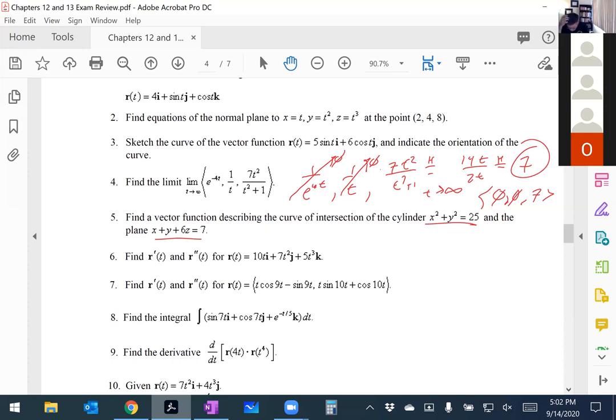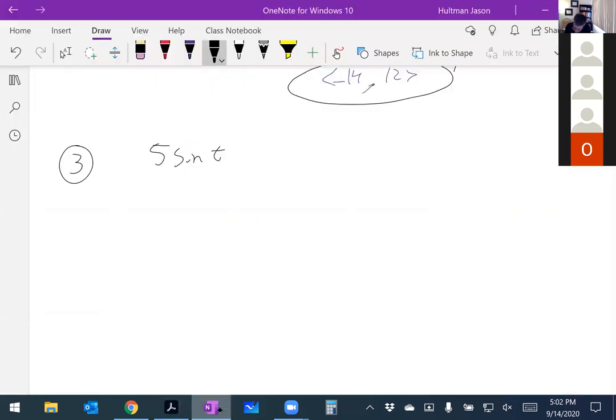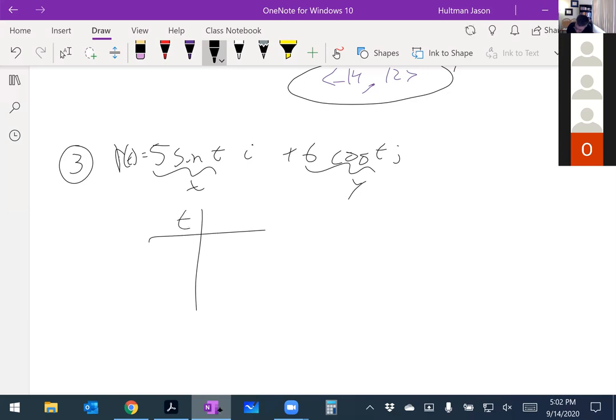So where's number 3? Yeah, let's do 3 here. Okay, so r of t is 5 sine of t i plus 6 cosine t j. You're like, okay, this is my x value, and this is my y value. So if I plug in some known values of t, let's find out what x and y are.